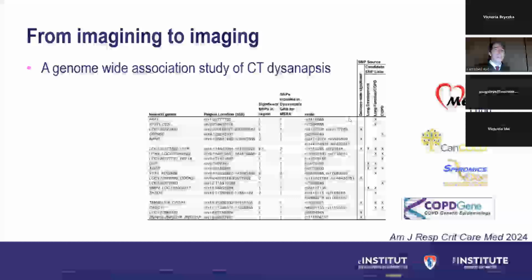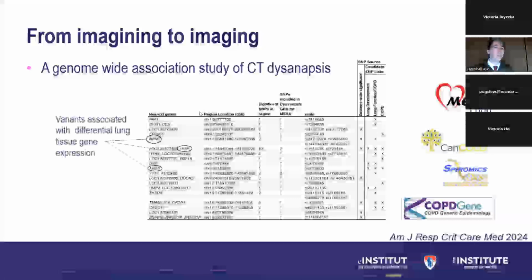We've tried to probe some of the genetics, which I won't belabor, doing a genome-wide association study. As you might expect, there are several genetic variants associated with this trait, many of which are known to be involved in lung development, which is reassuring. They are also expressed in lung tissue, as one might expect.